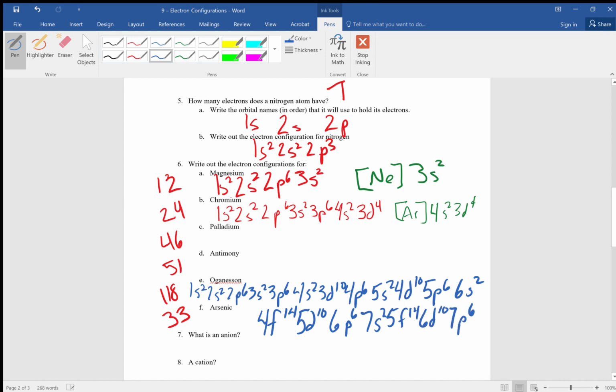Finally, 7p6. So you can see there's a lot to remember there. And once you've gotten used to these, you won't necessarily find that one like that is hard. It's just very, very time consuming. And so much, much easier if we can just take the noble gas that comes before it, which is radon, and then just list the last row.